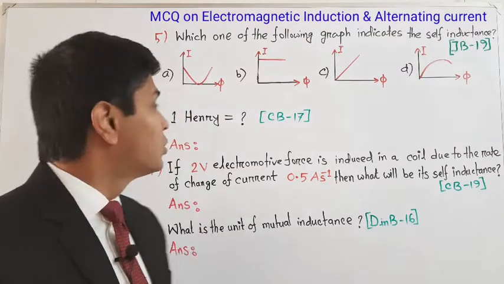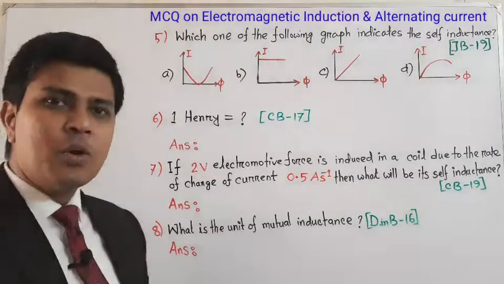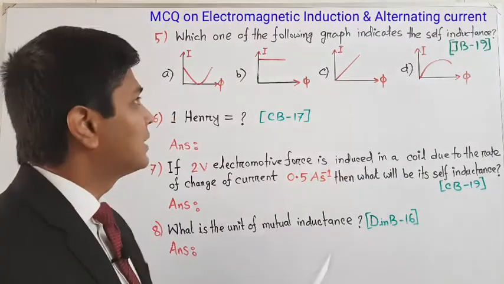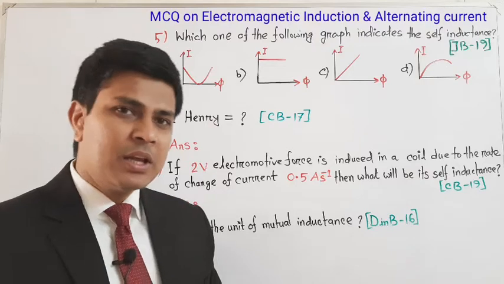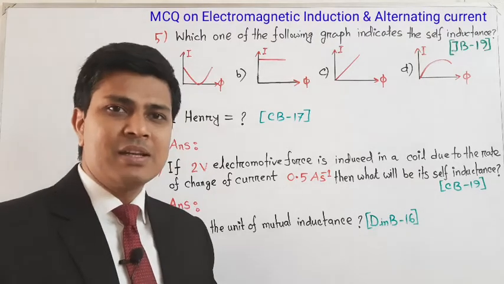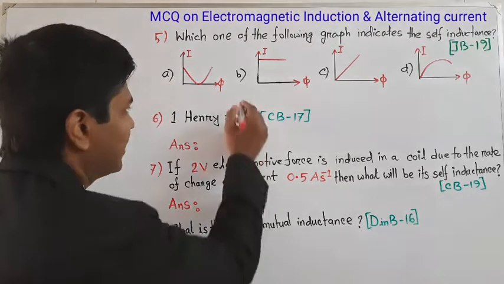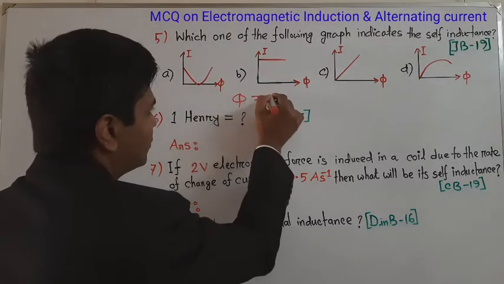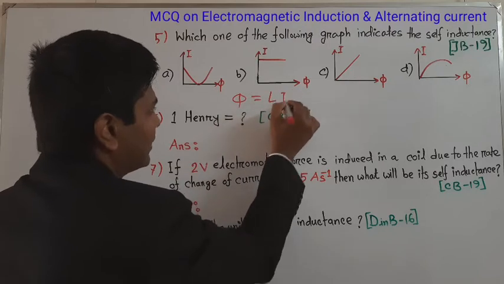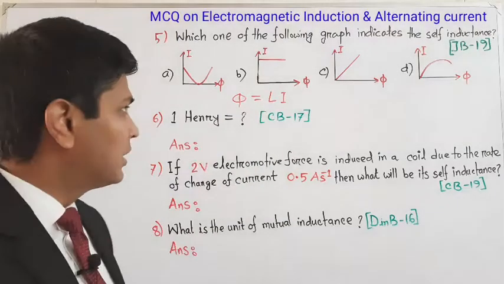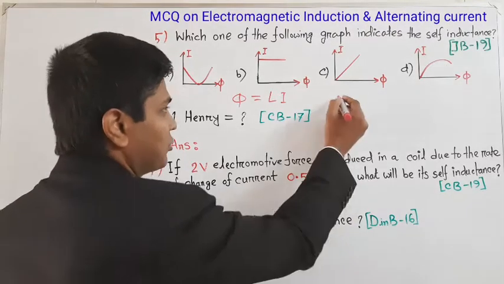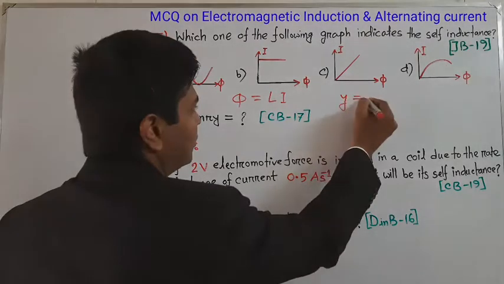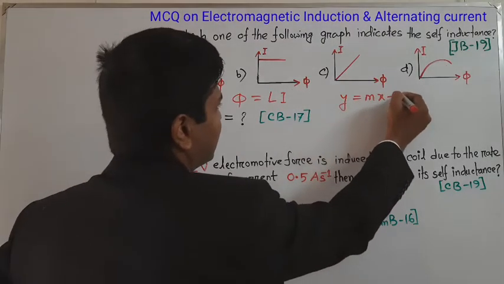Let's see question number 5. Which one of the following graphs indicates the self-inductance? You know the relation between self-inductance and magnetic flux is phi equals L i. This is actually the equation of a straight line. You know the equation of a straight line is y equals m x plus c.